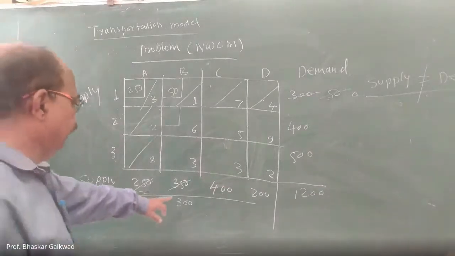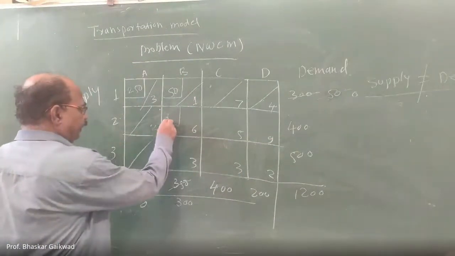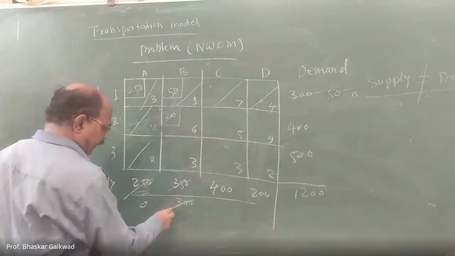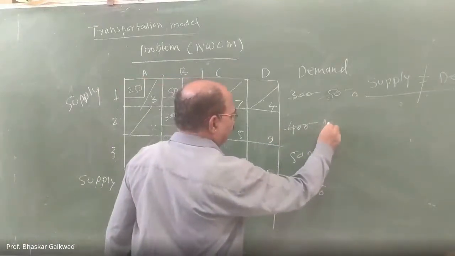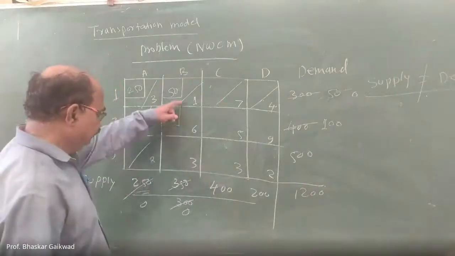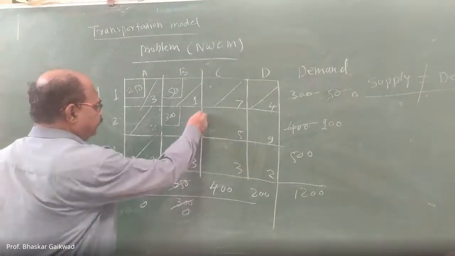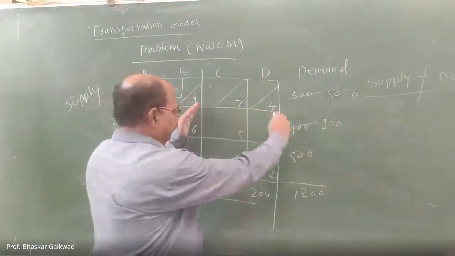So this is 300 and this is 400. Here we can write 300, cancel to 0, and here it is 100. This part will be remaining.